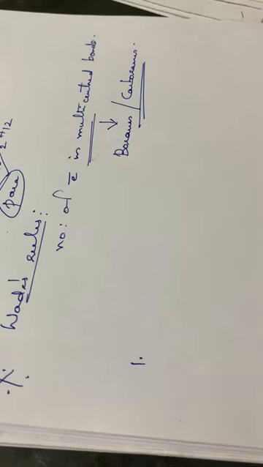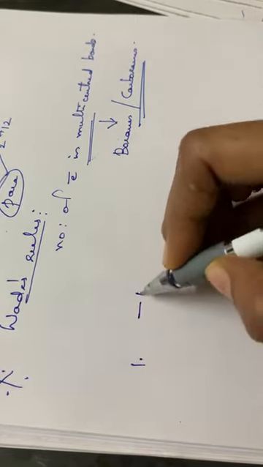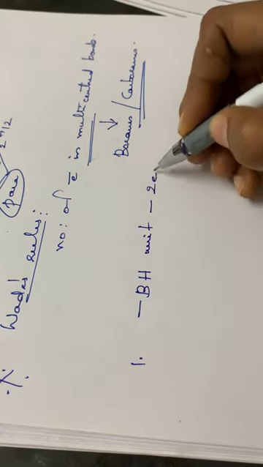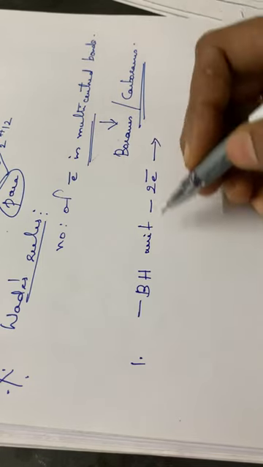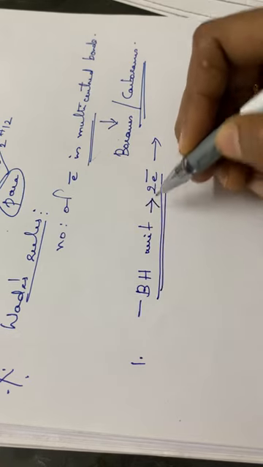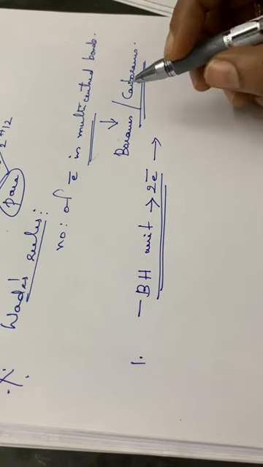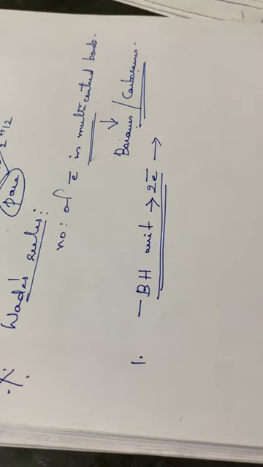The first point is that each BH unit will be contributing 2 electrons to the skeletal bonding in the borane or carborane. So this Wade's rule we can apply in common to both cases, that is boranes as well as carboranes. If there is one BH unit, we can consider it as 2 electrons.